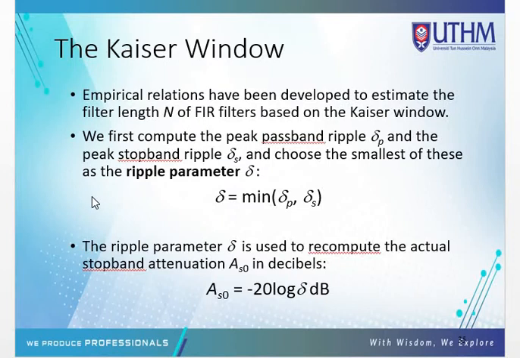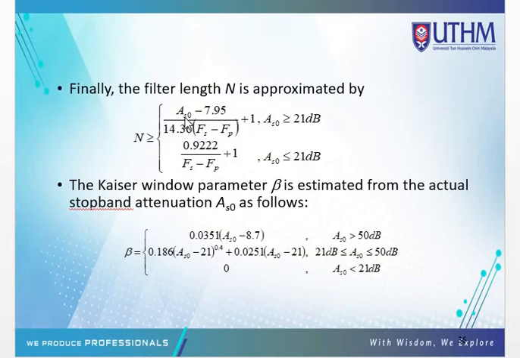Let's talk about the Kaiser window. First of all, we compute the peak passband ripple and then the peak stopband ripple, and choose the smallest of these ripple parameters, minimum of delta P and delta S. Then the ripple parameter is used to recompute the actual stopband attenuation, A_S.